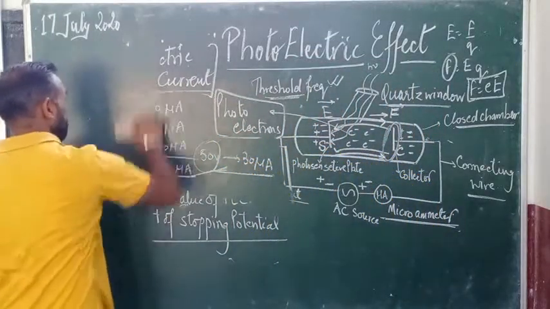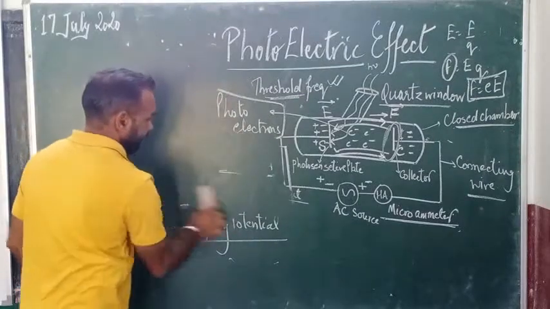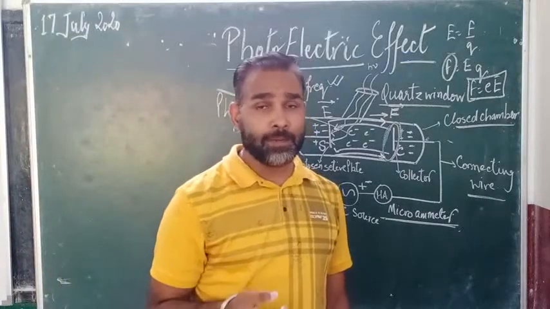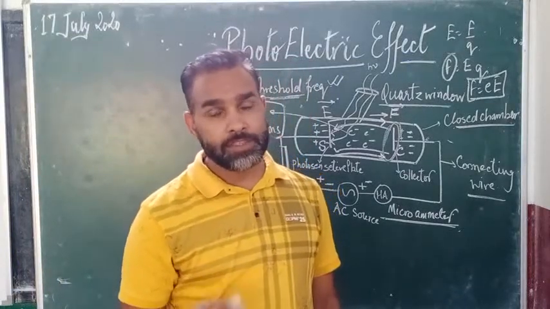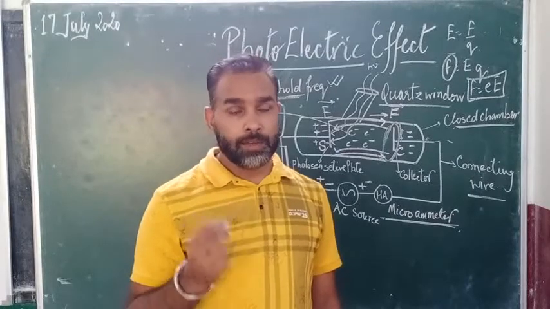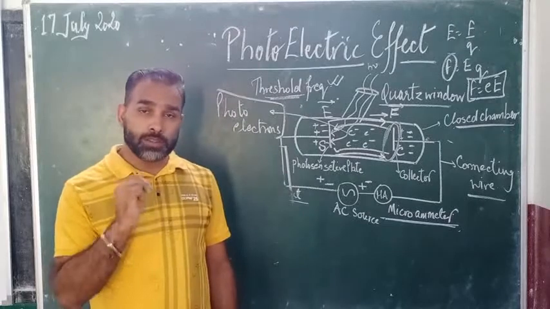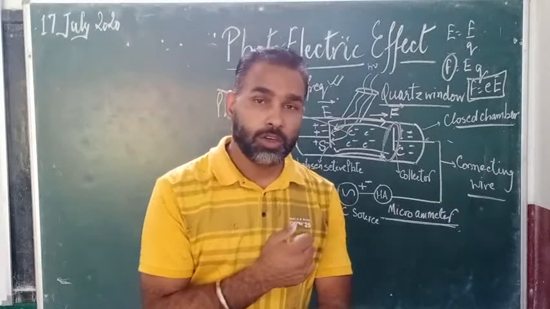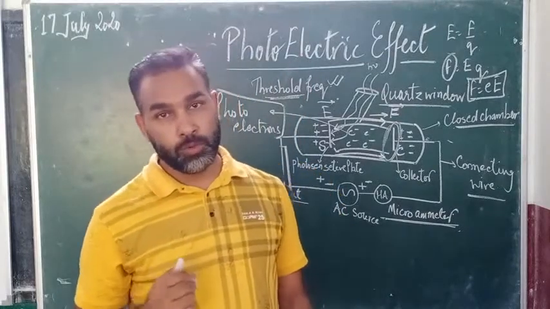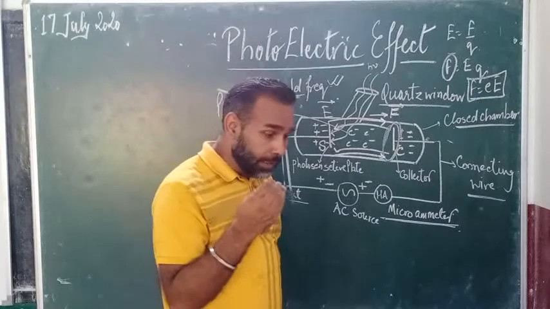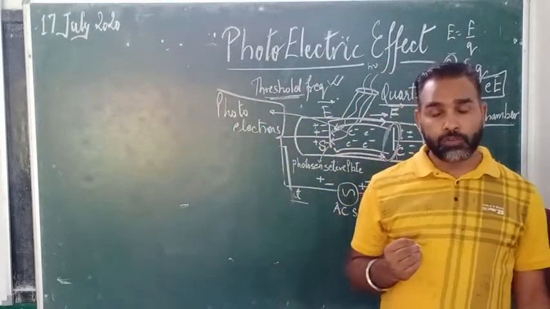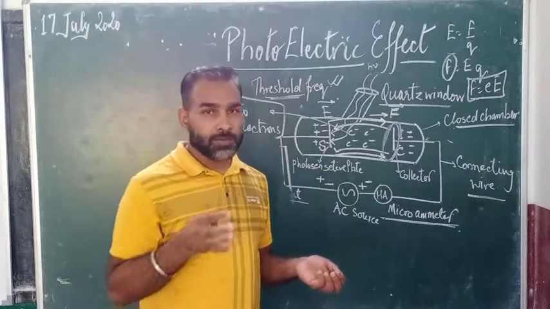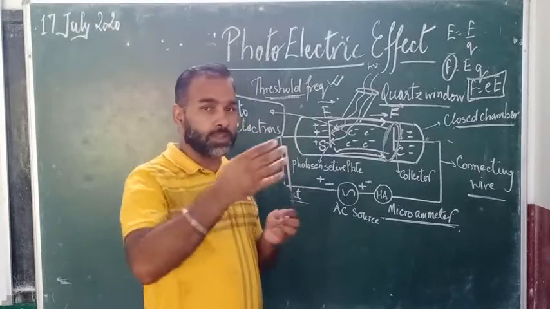Now the question arises: does the photoelectric current instantly become zero as we change the polarity? क्या फोटोइलेक्ट्रिक करंट तुरंत 0 माइक्रोएम्पियर हो जाएगा कि जैसे हमने पोलैरिटी चेंज करी और it stops? No. Okay, there is a gradual decrease in the photoelectric current because they are experiencing a force due to negative charge.